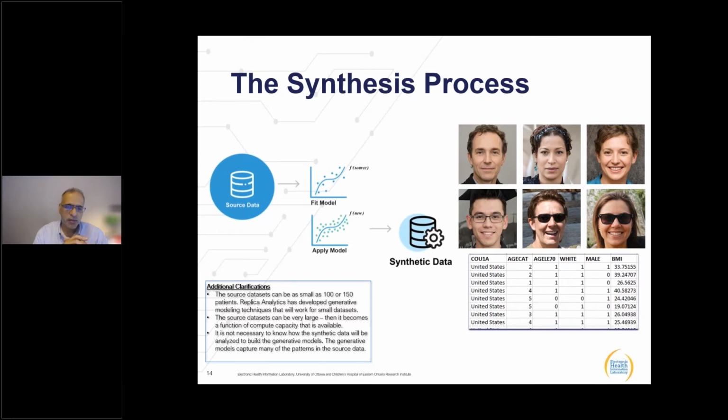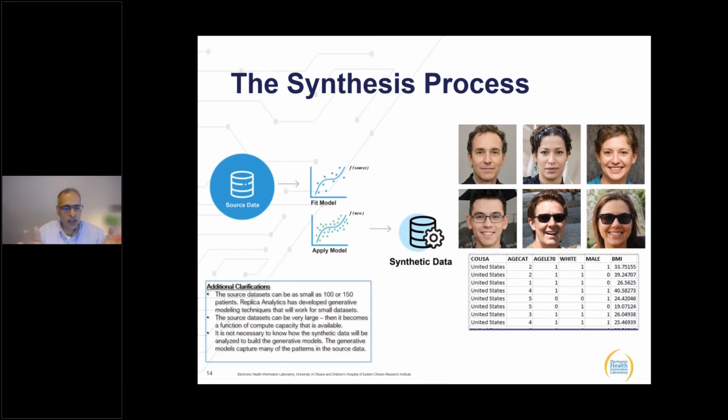So the methods have been improving quite a bit over time, and our focus, at least for today's talk, is on structured data, which is the example on the bottom right-hand side here. It's an example of a data set from a clinical trial. So the synthetic data that's generated looks very real. It maintains the same structure as the original data and the same statistical properties and relationships and patterns as much as possible in the synthetic data as in the real data.